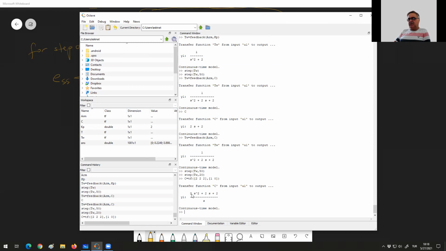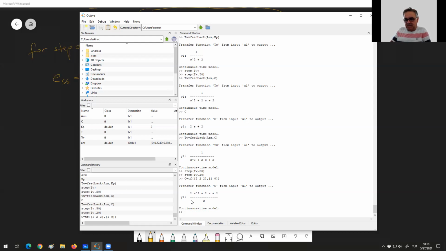This is the KD, this is KP, and this is KI. I arbitrarily selected these values. Selecting these values is another matter which we will be dealing with later on. But I'll just show you, in order to get a good response, you have to select these parameters correctly, but that's another matter.